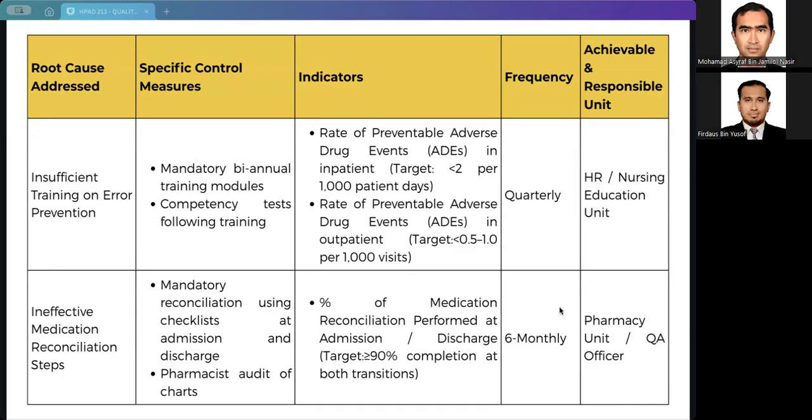So this will be monitored quarterly by our HR and nursing education units in preventing adverse events to the patient. Next up, for the ineffective medication reconciliation step, we aim for at least 90% completion during both admission and discharge, which will be the responsibility of the pharmacy department and quality teams.